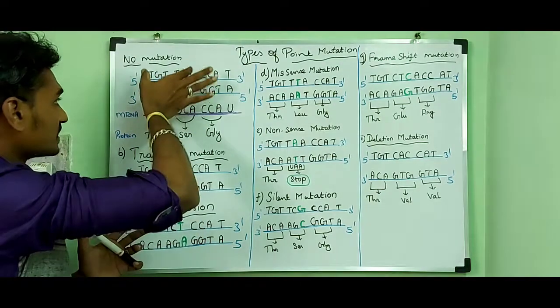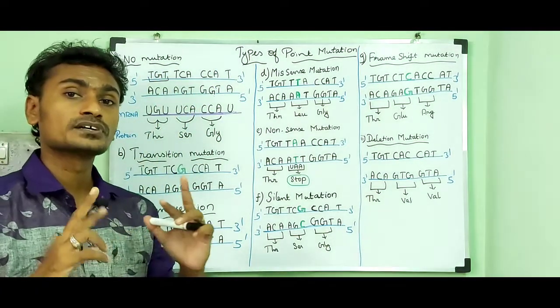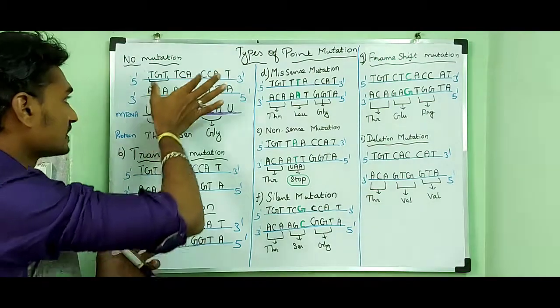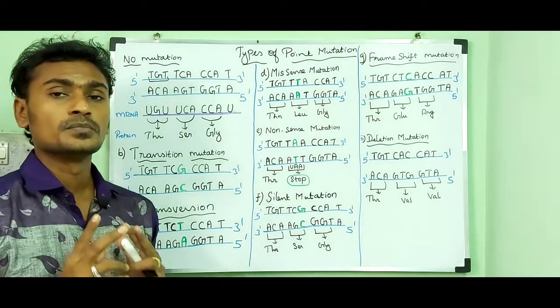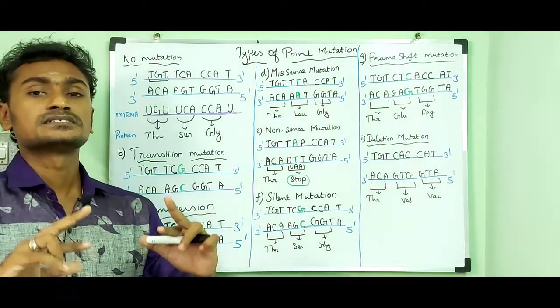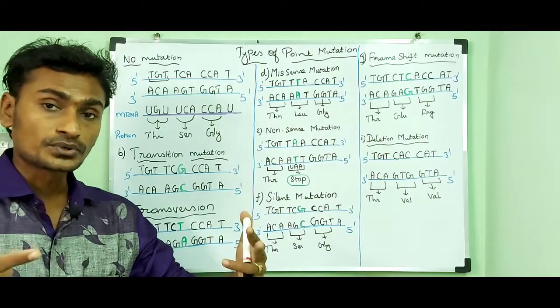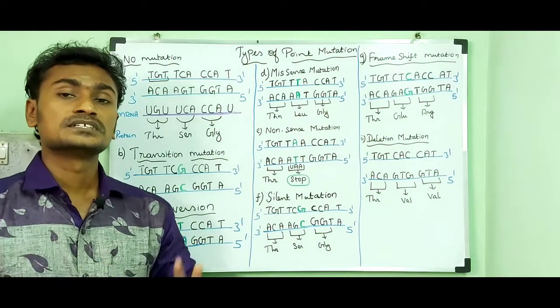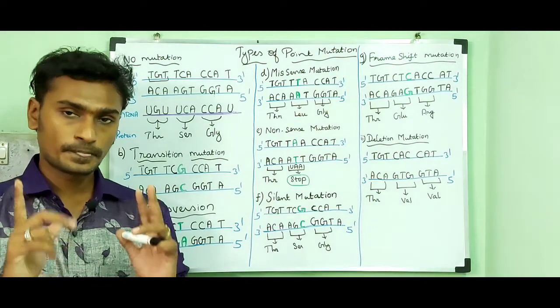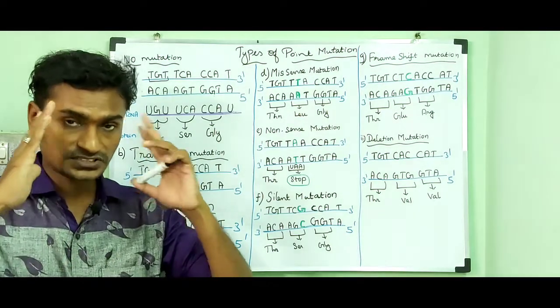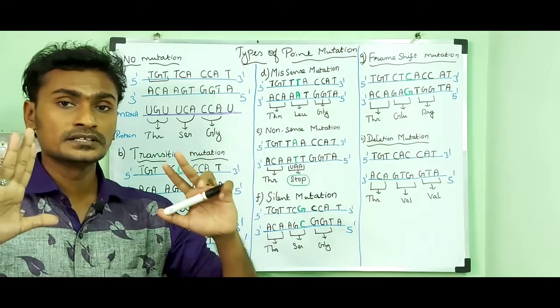This is the central dogma of molecular biology. DNA gets transcribed into mRNA, and that mRNA is translated into a protein. That process is called the central dogma of molecular biology. Keep this process in your mind, because it is the important process.